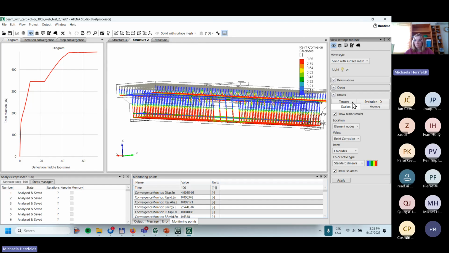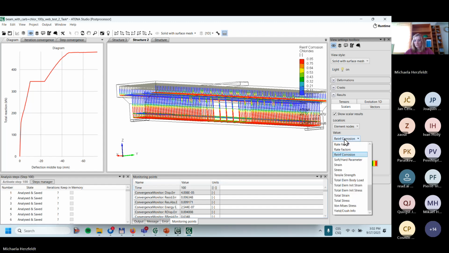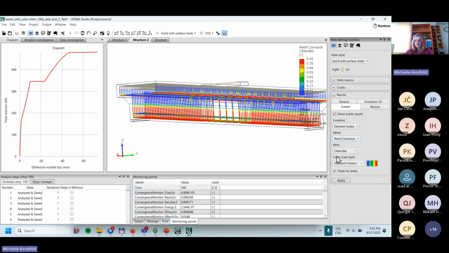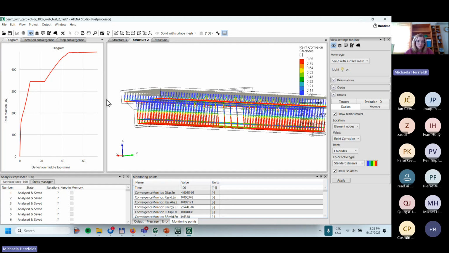And in the results, you need to switch from nodes to element nodes to find the corrosion. Then when you scroll down, there is reinforcement corrosion. And you can divide it into chlorides, carbonation, or you can see total corrosion. So it's actually visible.